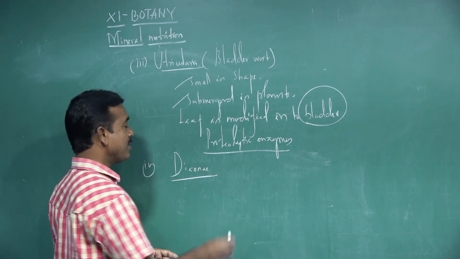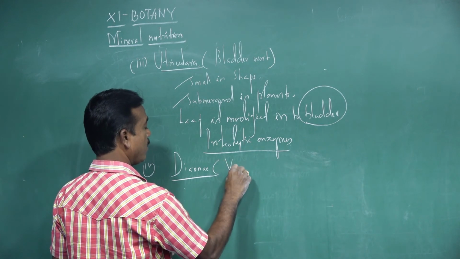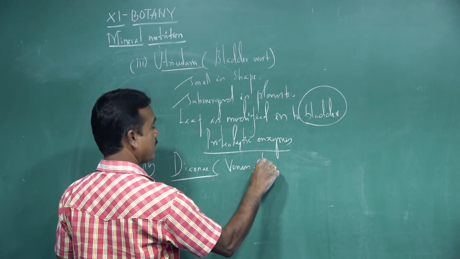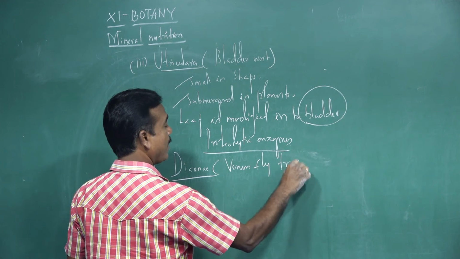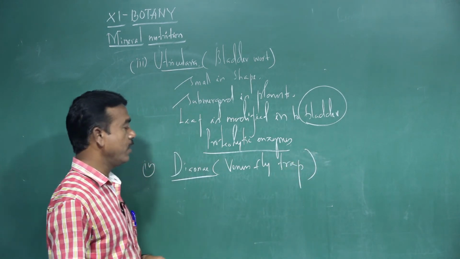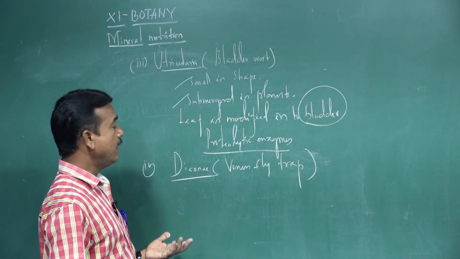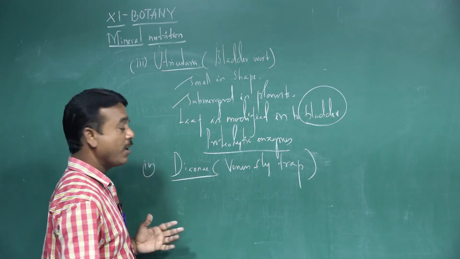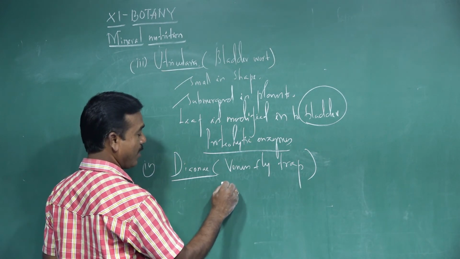Dionaea is also called Venus flytrap. Here, the leaves are modified into a colorful trap-like structure.